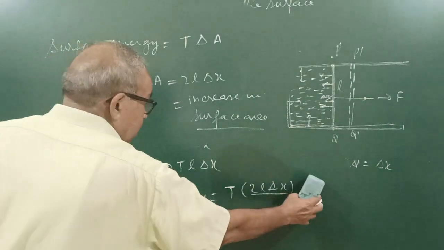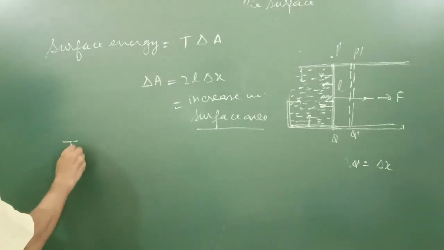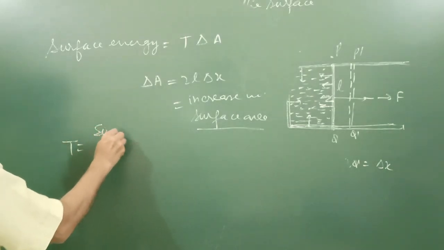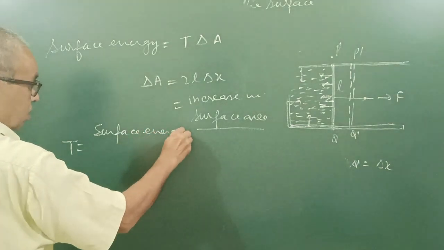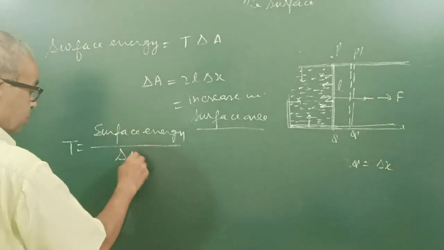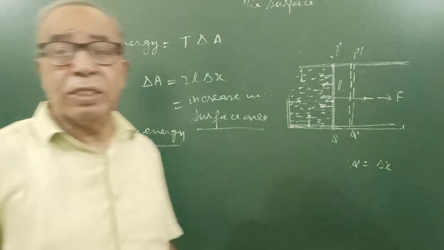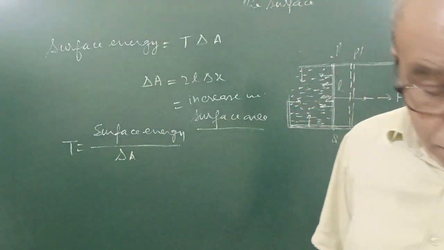From here we get T equals surface energy divided by delta A. So surface energy per unit surface area of liquid is also called surface tension.